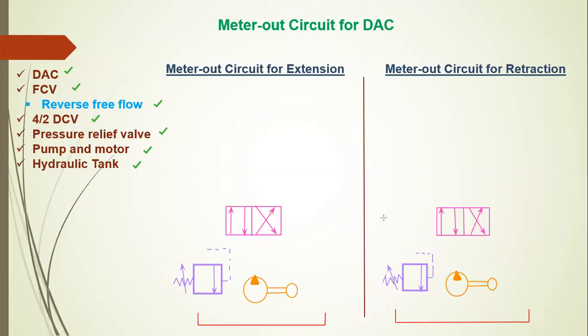Always remember one thing: for any type of direction control valve, give both operating sides. Here, one side we give as cam operated. This direction control valve is operated by cam and follower, and the other side is operated by spring.